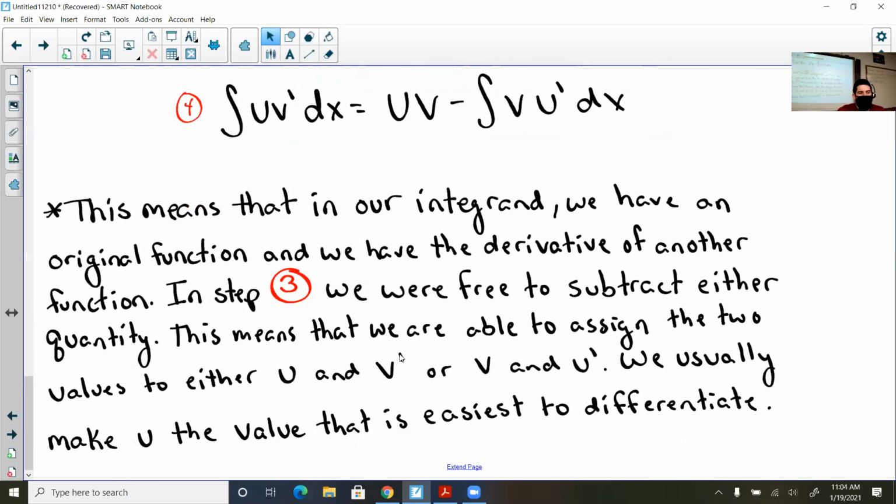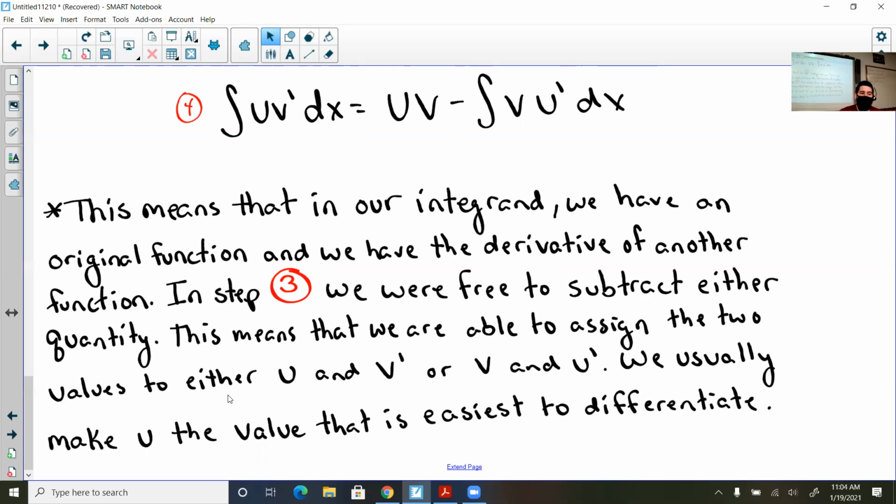And then I just explained in words that this means that in our integrand, we have an original function and a derivative of another function. In step 3, we were free to subtract either quantity, so that means we're able to assign the two values to either the u and the v prime, or the v and the u prime.